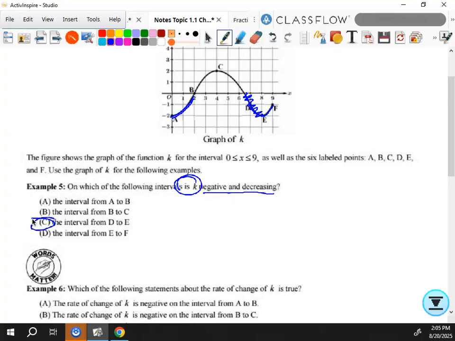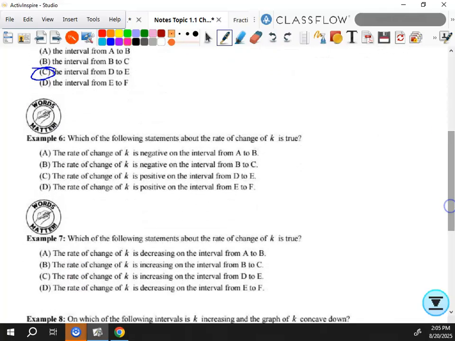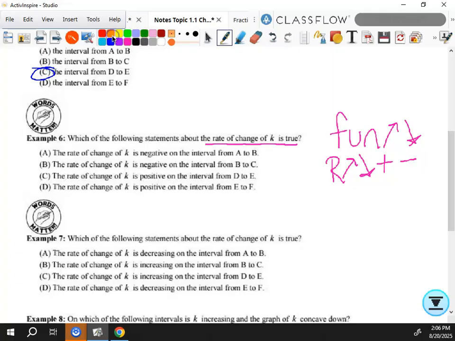We good? All right, so then on number 6, it says, which of the following statements about the rate of change of K is true? What do I need? Fun chart. All right. So if I want the rate, so these first two say rate of change is negative.